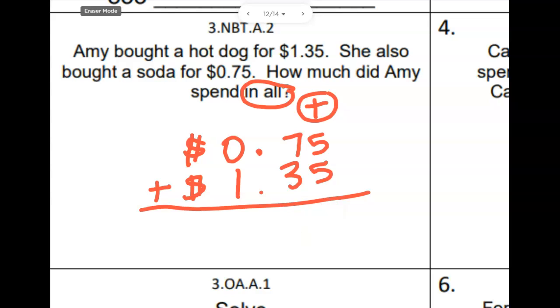Line up each one of those. And then you will add normally. When you come to the decimal point, you just drop it down to the bottom in your answer. When you come to the dollar sign, you drop that down into your answer. So I'll leave that set up for you guys.